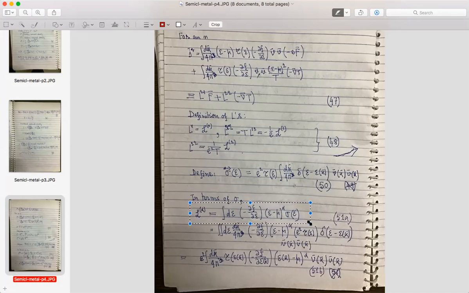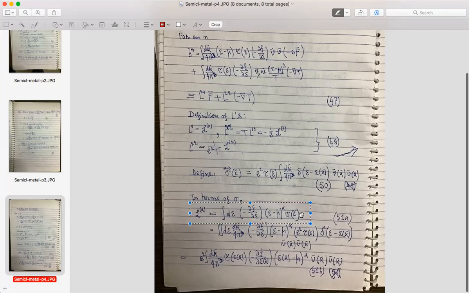That was the purpose of defining sigma that way. So L alpha basically involves an integral over the alpha-th power of epsilon minus mu. And then there is a factor of sigma and del f del epsilon.